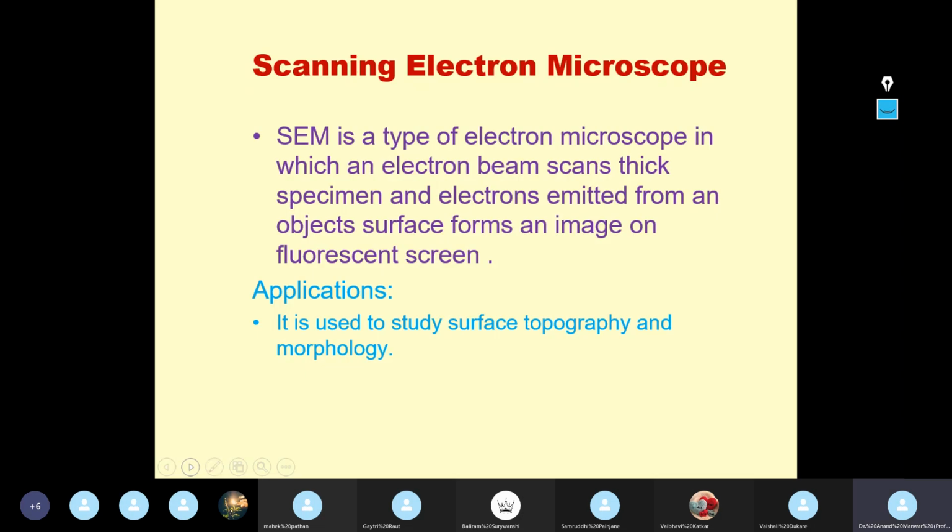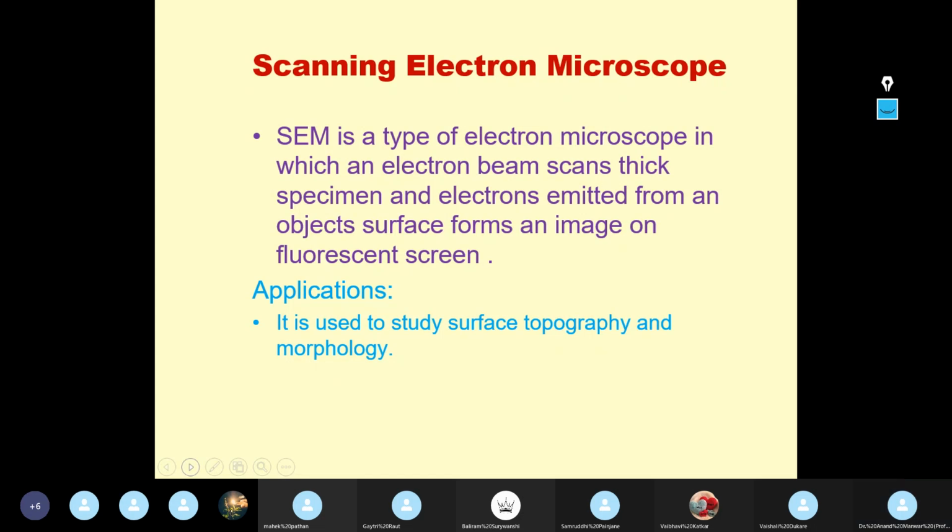The second type of electron microscope is the scanning electron microscope. Now this is a bit different. The development in microscopy took place in a definite manner.